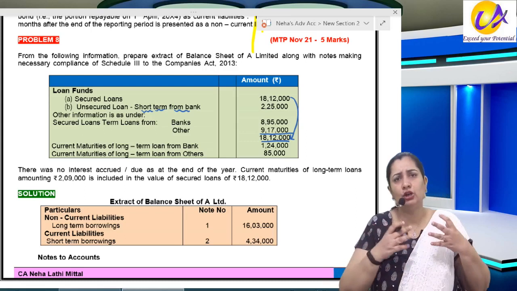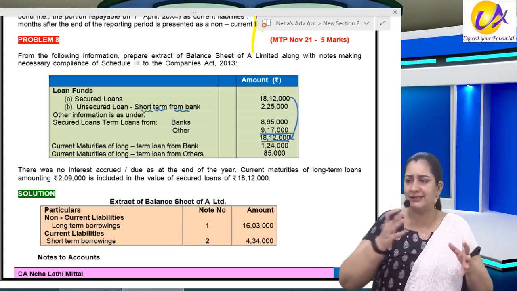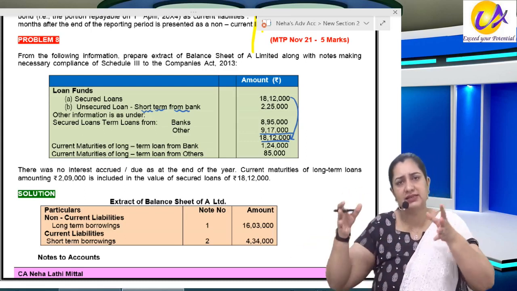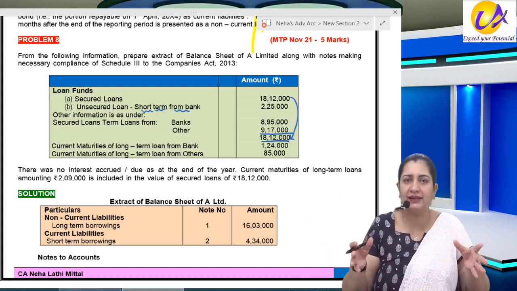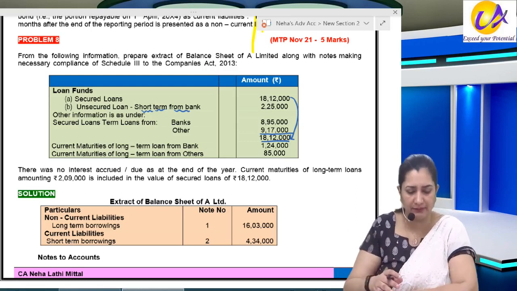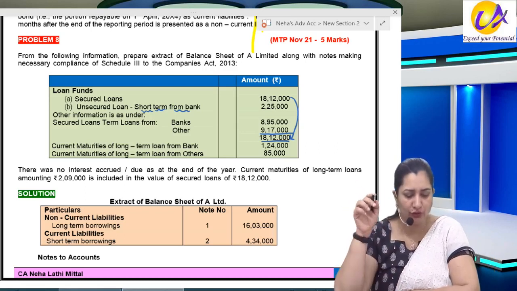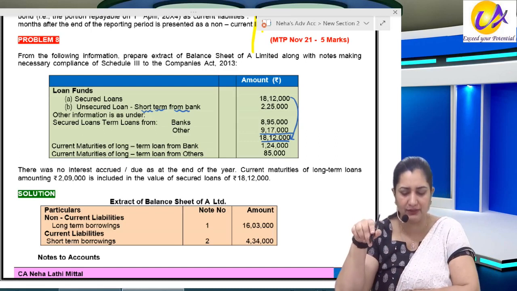Because when we take a loan, it is an installment, so we have to pay some amount now, some amount later. Which is payable within 12 months of balance sheet date, we show it under current maturity. The current maturity of long term loan from bank and from others, both have been given.